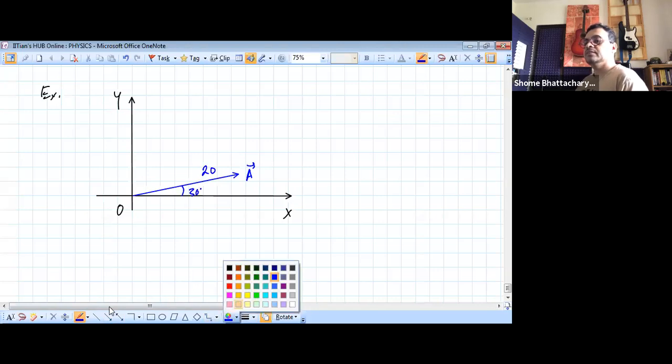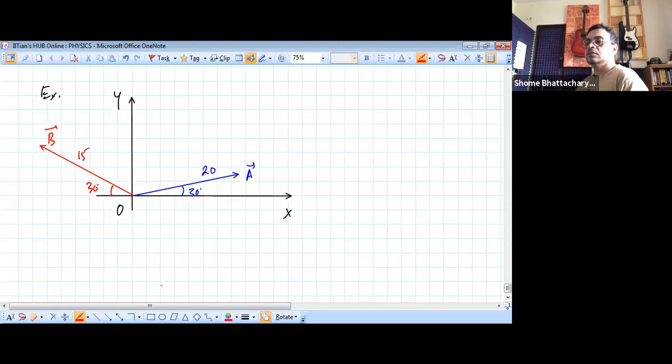And I have drawn vector B like this, and this is of magnitude 15. Okay.